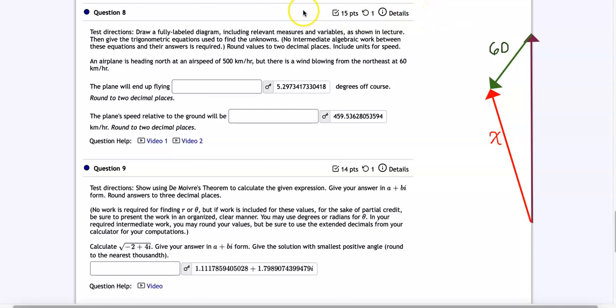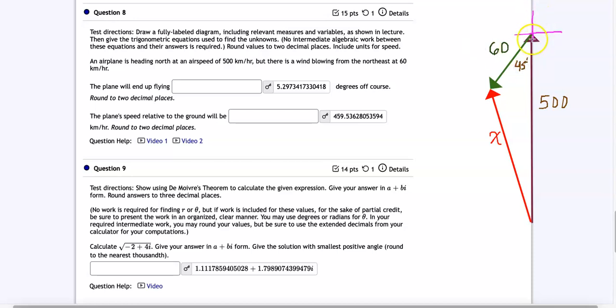And then the brown vector, which is the airplane, is going 500 kilometers per hour.